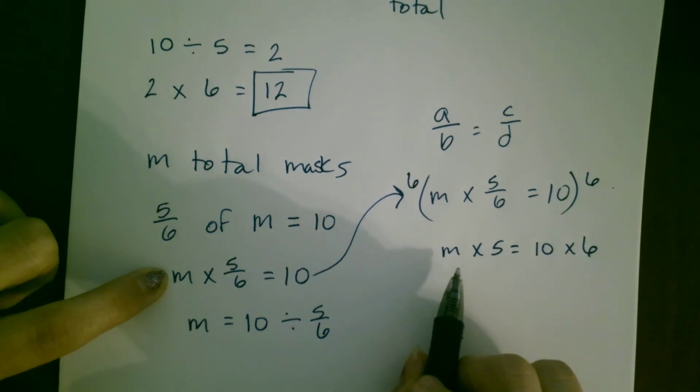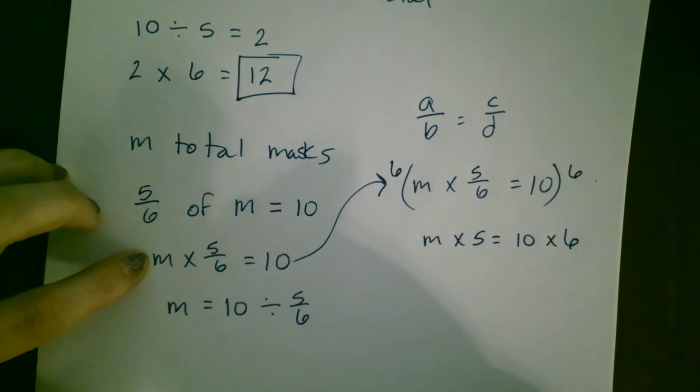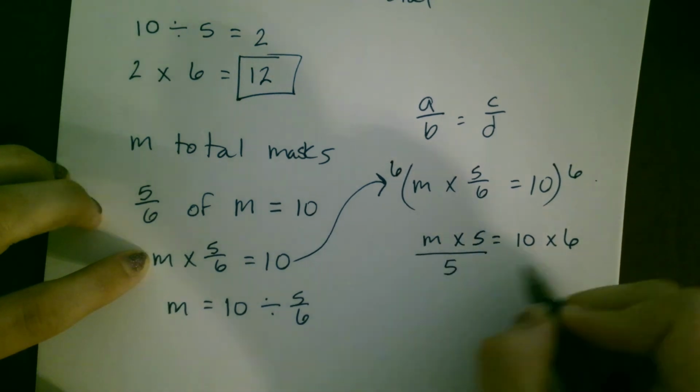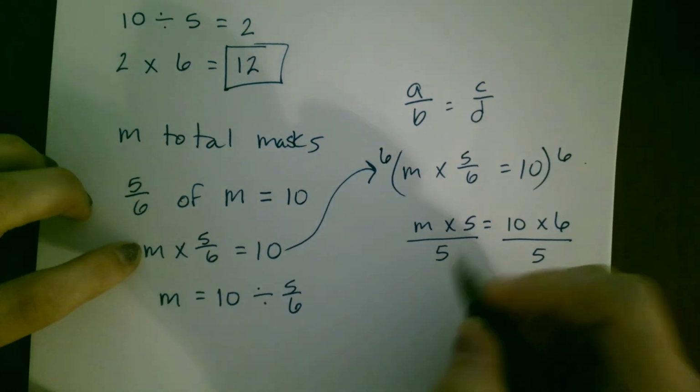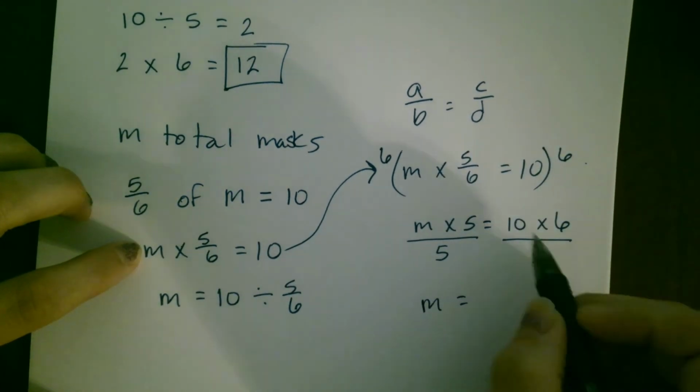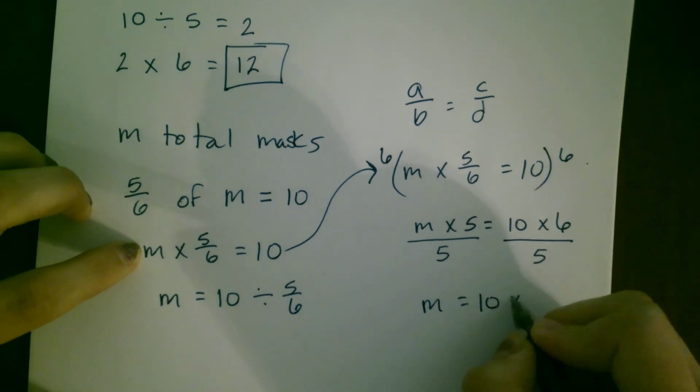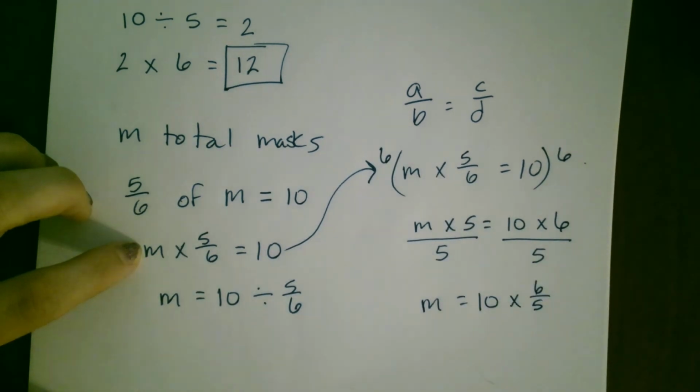And now to get m all by itself, I'm just going to divide both sides by 5. So I'm going to divide by 5, divide by 5. On the left, since I'm multiplying by 5 and dividing by 5, those 5s are going to cancel out. So I get m equals 10 times 6 over 5.